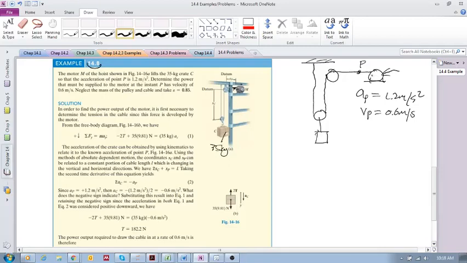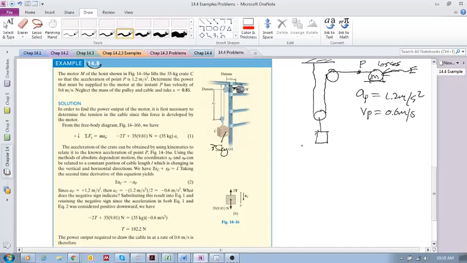So this motor is powered somehow, generally by just plugging it in, right? Okay, so that you've got some power coming to the motor, and then the motor has losses inside because of friction, so there's losses inside, and then the power out that the motor can deliver is generally less than the power that, not generally, it's always less. It's always less than the power that comes into the motor. Okay, but we'll get back to this.